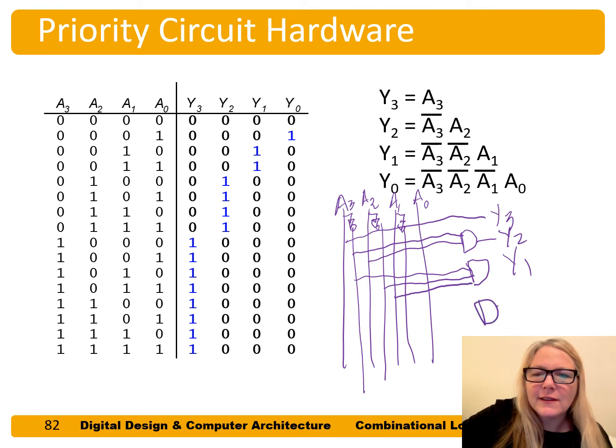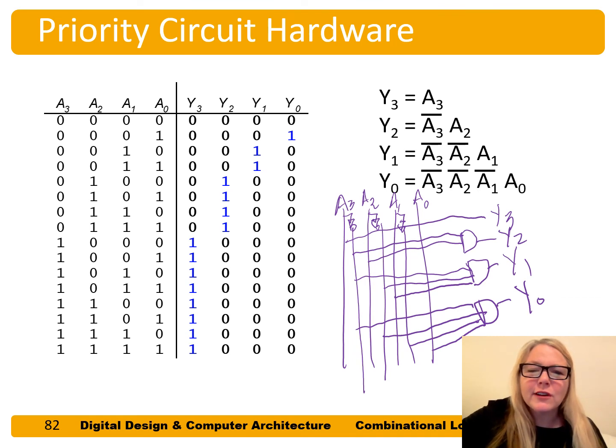And finally, y0 is a3 bar and a2 bar and a1 bar and a0. And you can see how this regular structure of our inputs, having the true and complement forms, makes it quite easy to grab our inputs in that circuit.